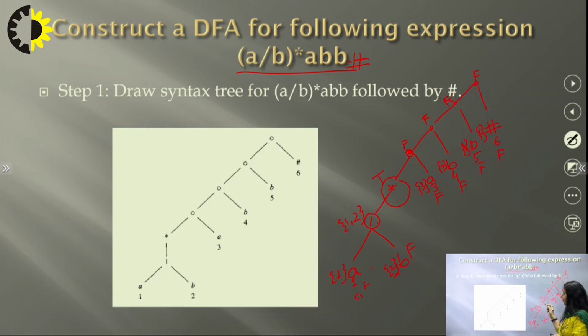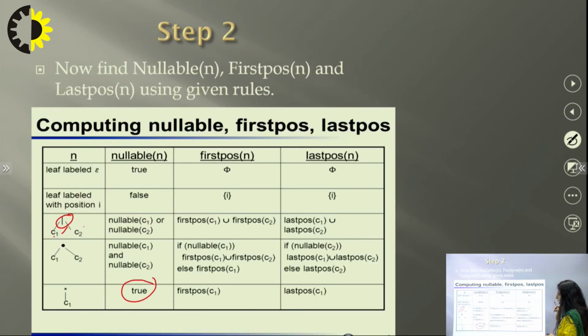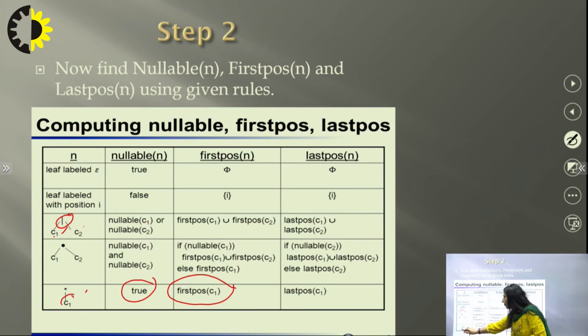Now we compute the firstpos going in the upward direction. The next node is star. How do we calculate the firstpos for star? The rule is, if the node is star with child C1, then the firstpos of star is the firstpos of C1.